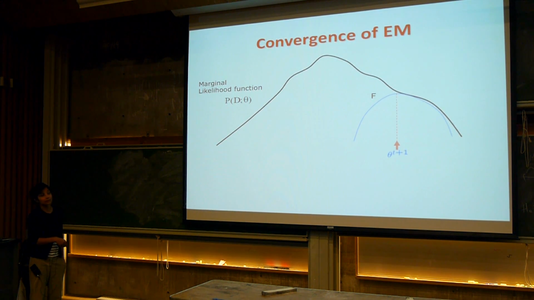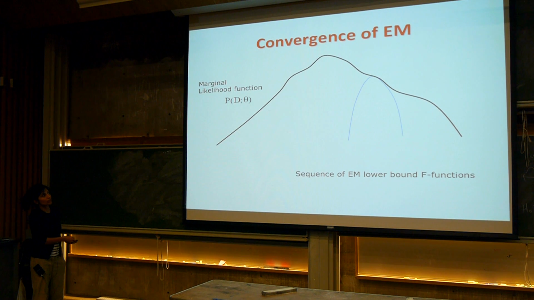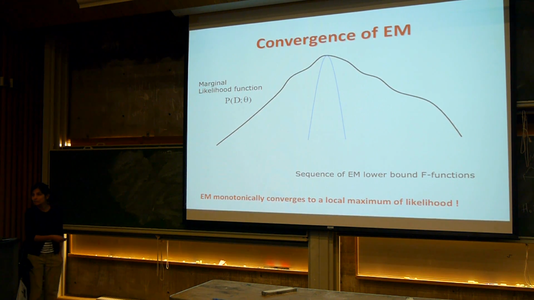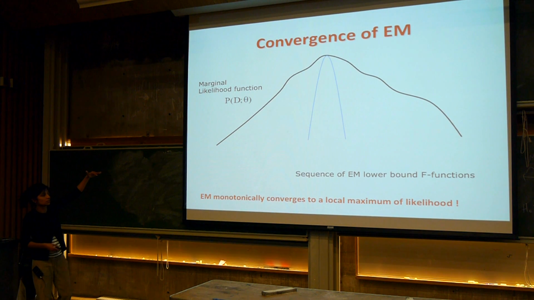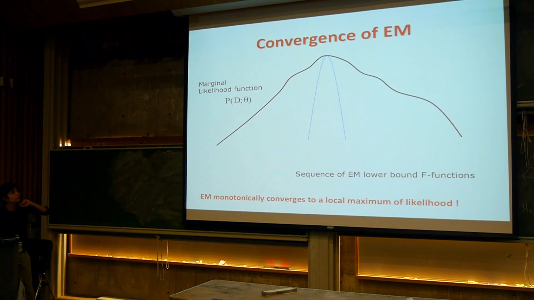We find the value that maximizes it. Again, we come up with a lower bound, and we again find the value that maximizes it, and so on. So we build essentially a sequence of these lower bound functions, and it's always going to improve the lower bound, and so it's always going to improve the likelihood, and it will get us to the maximum.